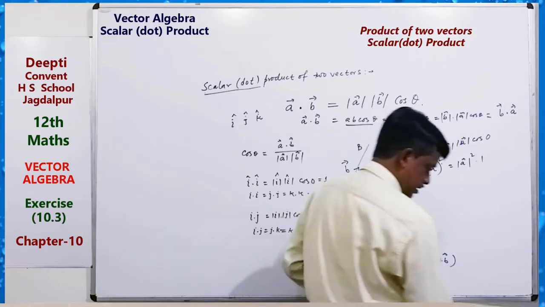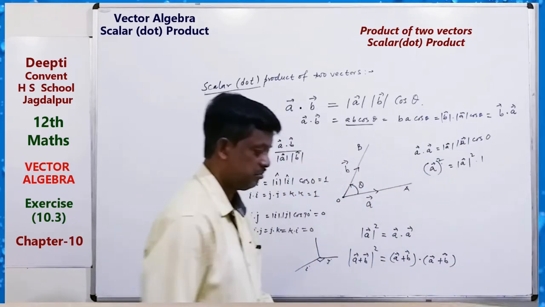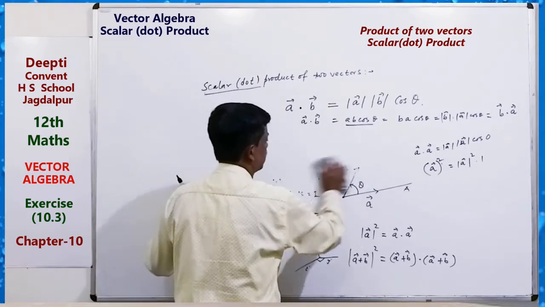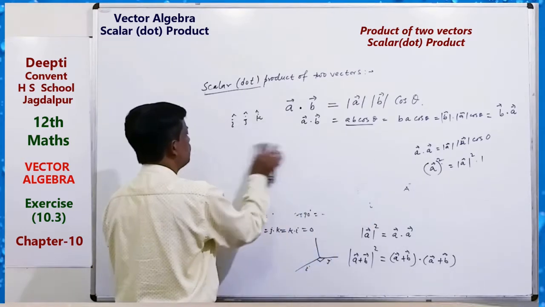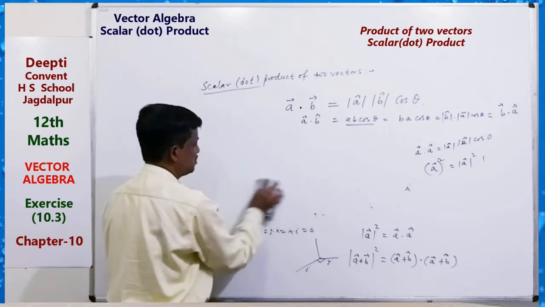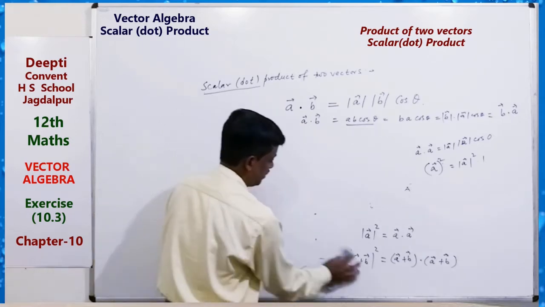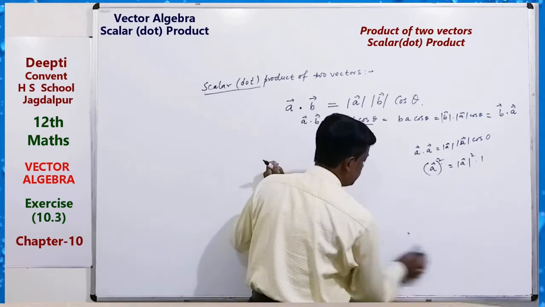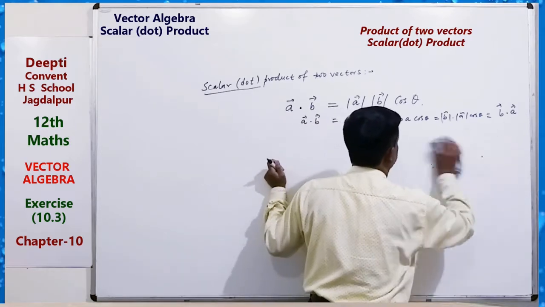Now, in component form, we can find the value of A dot B. Suppose we have two vectors in component form, where A1, A2, A3, B1, B2, B3 are the scalar components of those vectors.